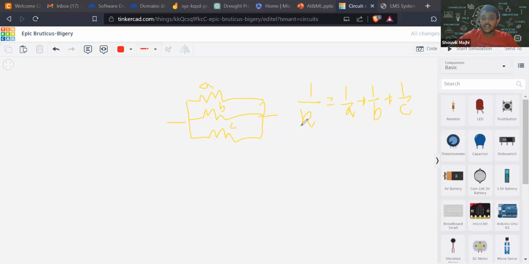Accordingly, you can calculate and rearrange that to get R. So from the mathematical calculations, you can calculate the equivalent resistance in parallel. So this is how we calculate the resistance when it is connected in series and in parallel. Let us take a practical example of it.